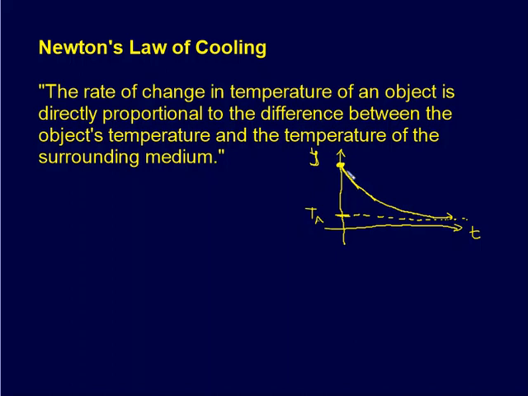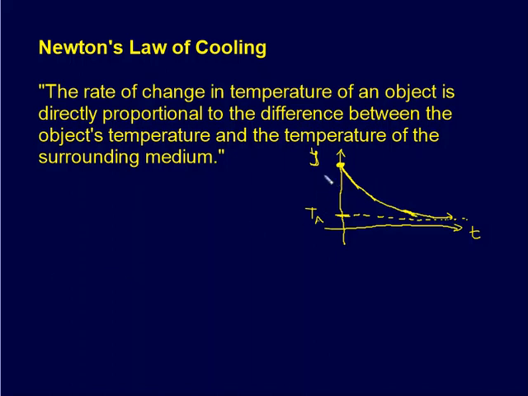This law says the further away from the air temperature the object's temperature is, the steeper the graph. It's going to cool off quicker, and the closer it gets to the air temperature, the slower it will cool off, right? So the equation we're going to write will imply that the object's temperature will never exactly be the same as the air temperature, because of the asymptote here.